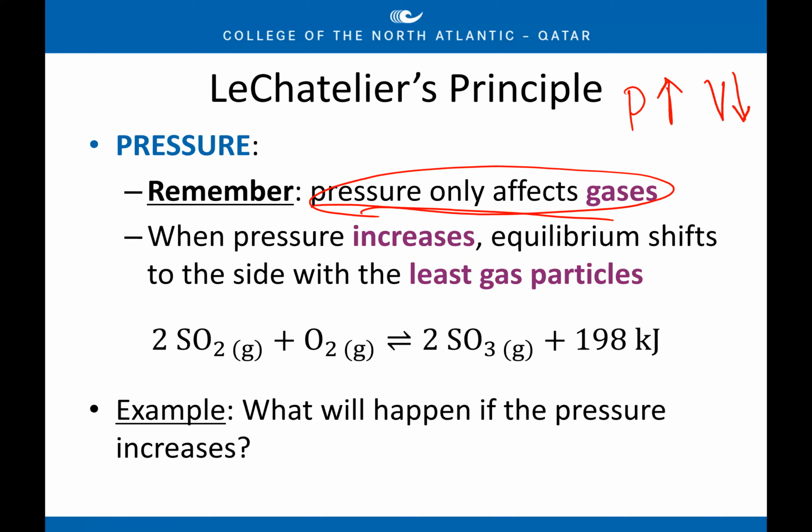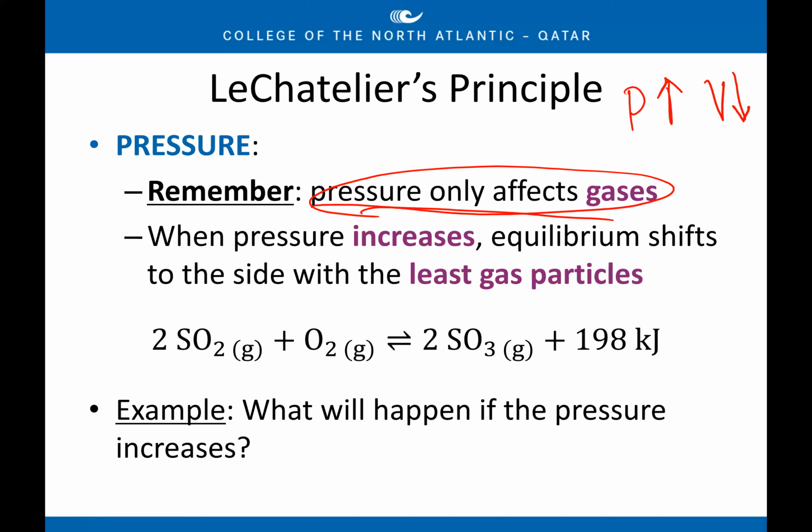They are inversely related. So when you change pressure, it only affects gases in your equilibrium. Remember from chemistry 1120 that solids and liquids are not compressible, which means changes in pressure won't affect them, but it will affect gases.